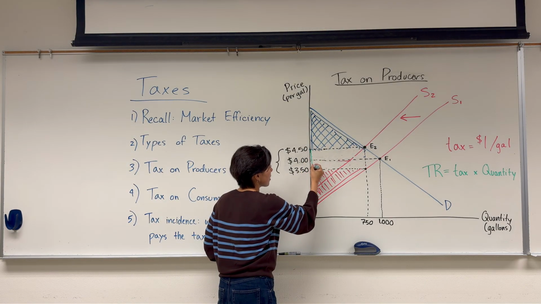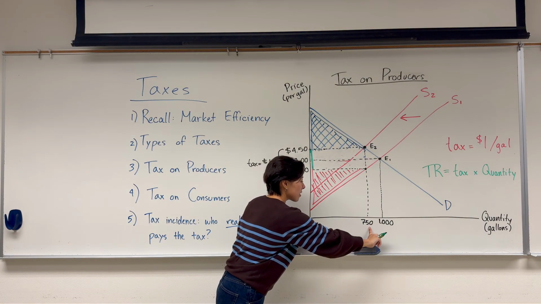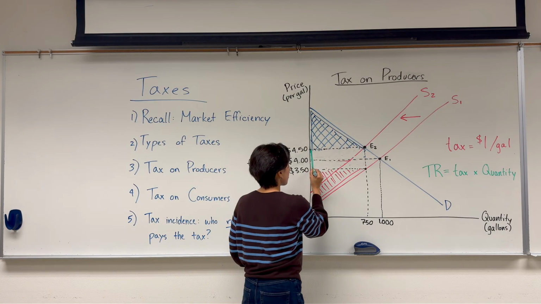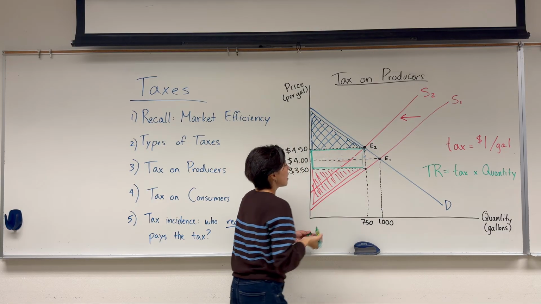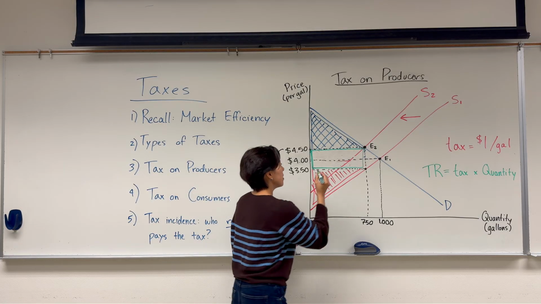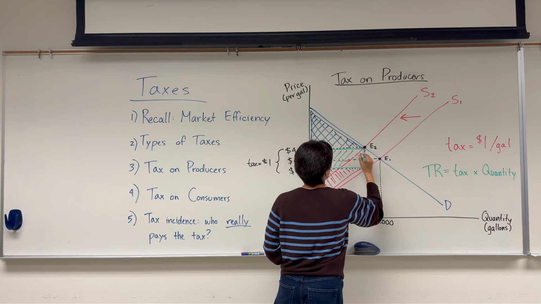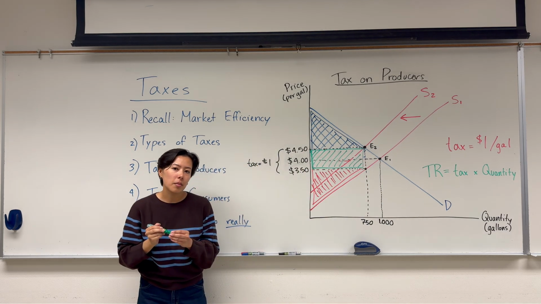And this distance here is the quantity being sold. So on our graph, this rectangle here actually represents our tax revenue being collected by the government. So if I find the area of this rectangle, I'm using the same formula that I have over here on the right, and that's going to represent my tax revenue.